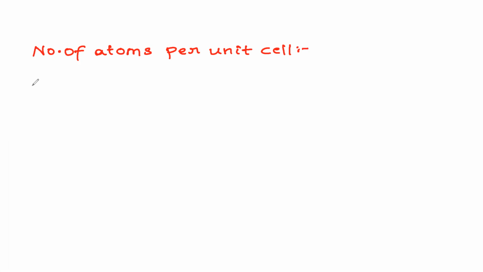First one, indicated by the letter Z. Z for simple cubic is equal to 1. How did we get 1 here? Because for simple cubic, the atoms are occupying all the corners. So there are 8 corners, and at each corner 1/8 of an atom is contributed. So the number of atoms per unit cell for the simple cubic structure will be equal to 1.